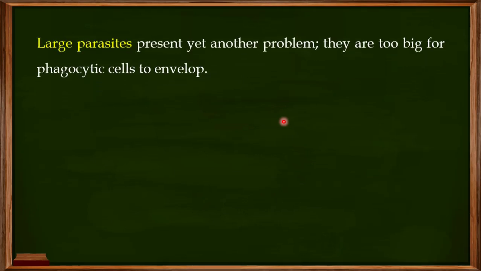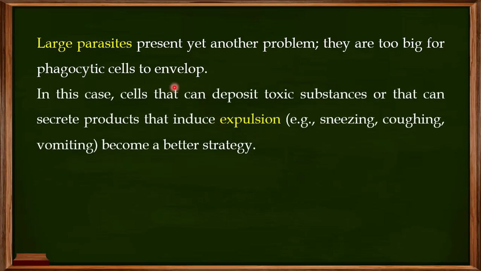Now, these strategies are used for bacteria and fungi. What about the large parasites? They are one of the major problems because they are too big for the phagocytic cells to envelop. In this case, the immune cells get activated. They deposit toxic substances on these large parasites, or they can secrete products that induce expulsion, which is one of the better strategies to get rid of these large parasites.